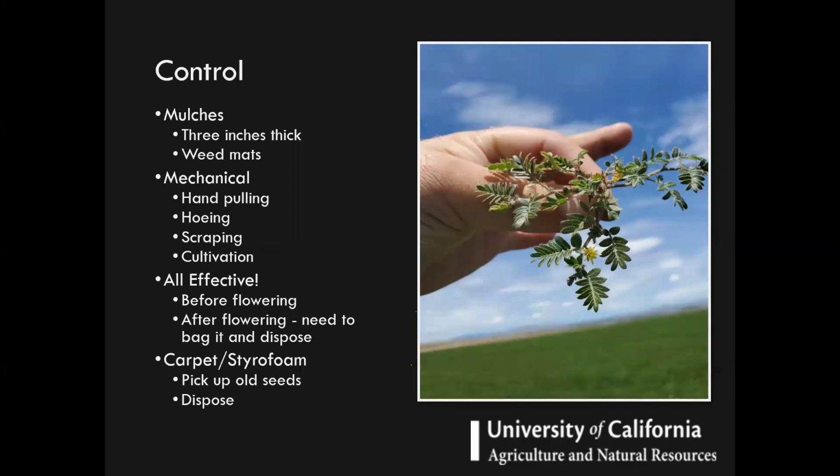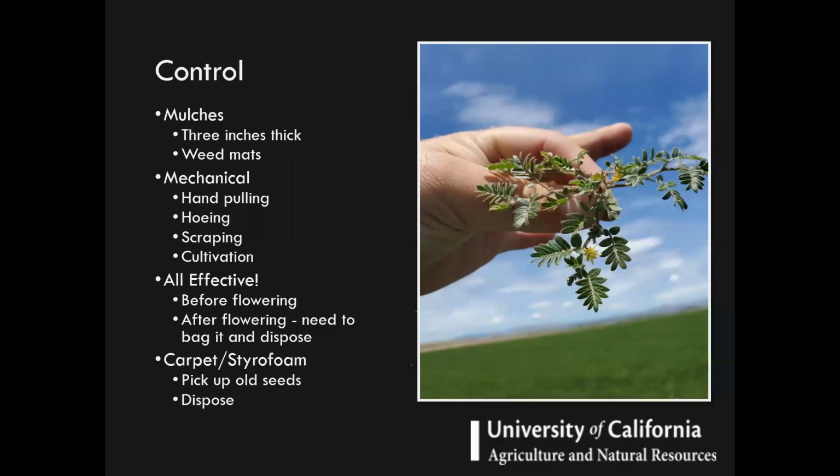In terms of controlling goat heads, it's not that difficult of a plant to kill if you get it in the seedling growth stage and you're able to keep up with it. In terms of some physical things that you can do, mulches can be effective to create a barrier where you had a goat head patch.